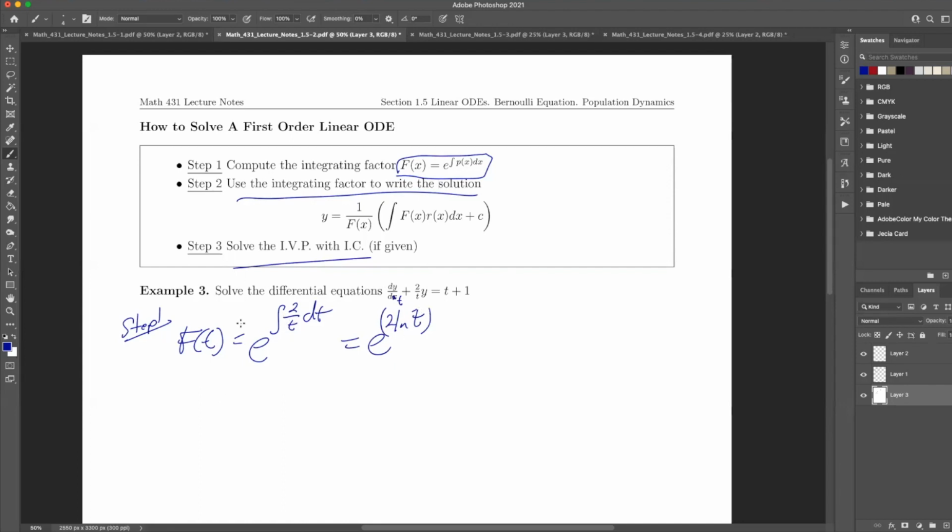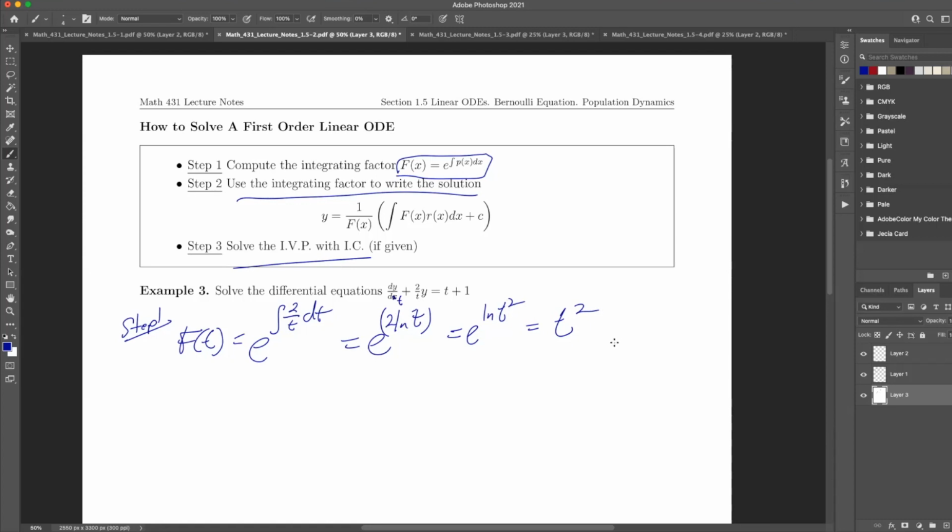That's what the integral comes to. I can switch this to e to the ln of t squared, and so this is just equal to t squared. My integrating factor is just taking the integral of 2 over t and raising e to that power. That's 2 ln t, and clearing it out I get t squared. So that's my integrating factor.